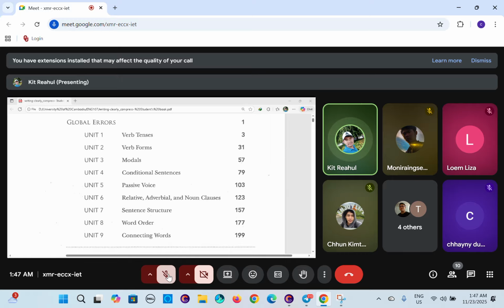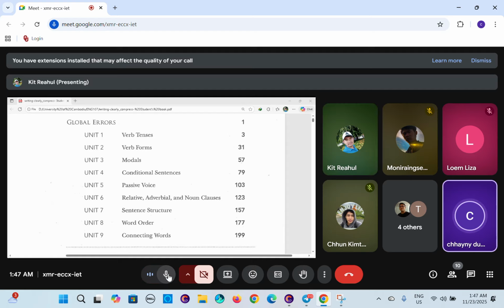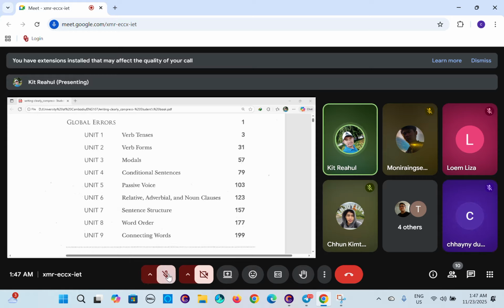And when do we use verb ing? Very good. We use ing for the continuous tense and some other certain verbs, right?